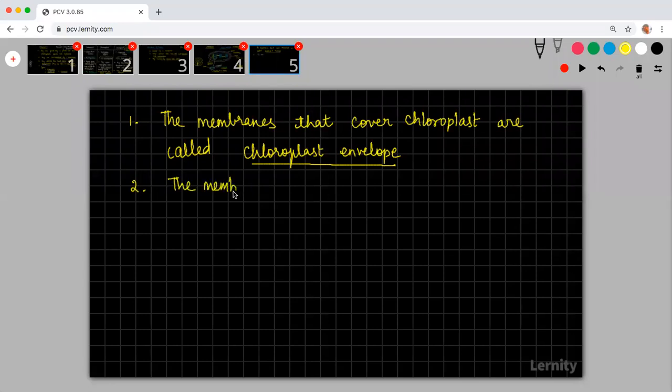The membranes are 5 to 6 nanometer thick.